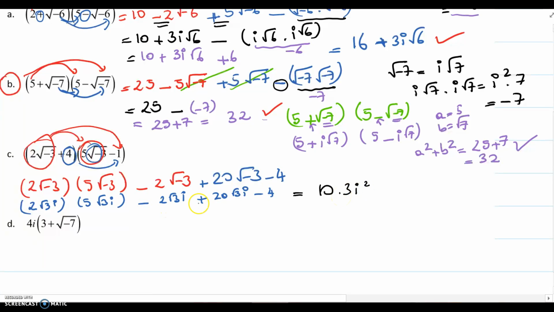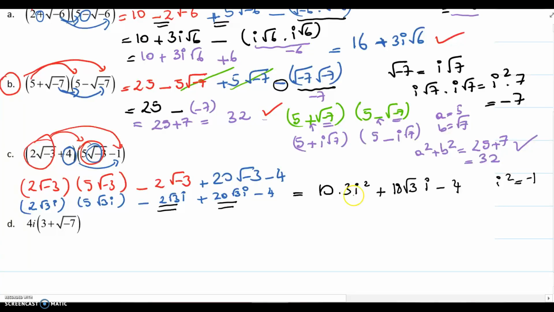All right, what's going to happen here? Let's see. 2 square root of 3 and 20 square root of 3. 20 minus 2 is 18. So it's going to give us 18 square root of 3i minus 4. Okay, we know that i squared is equal to negative 1.